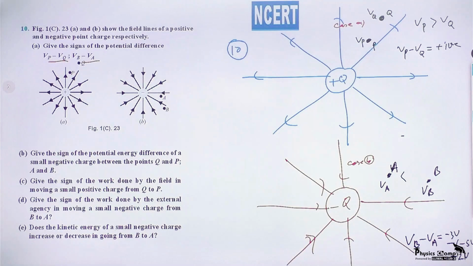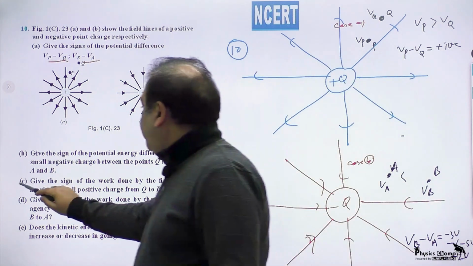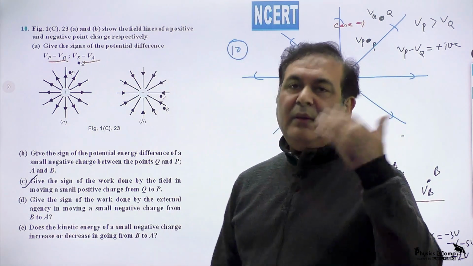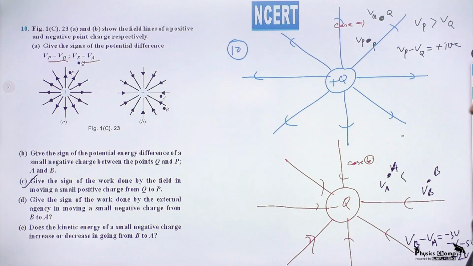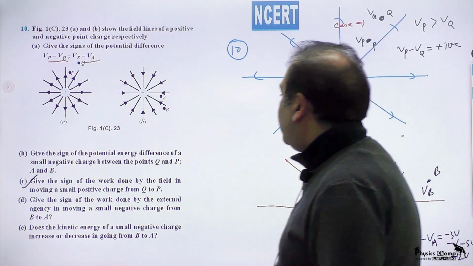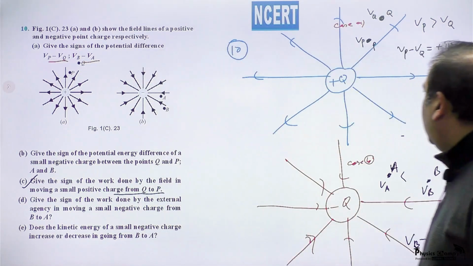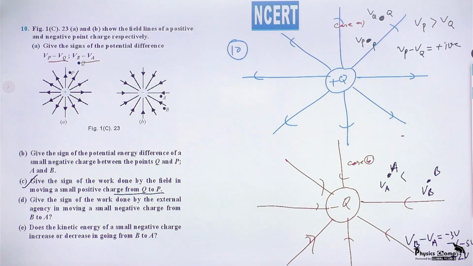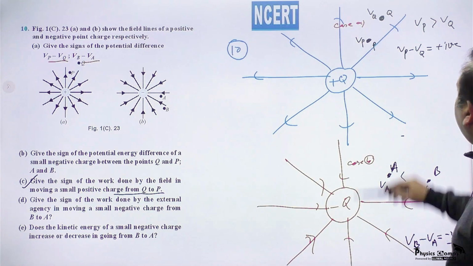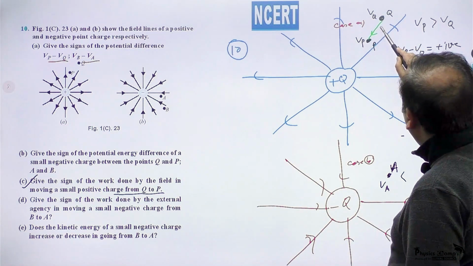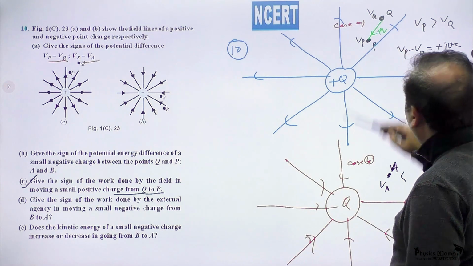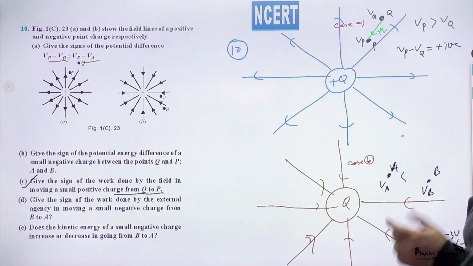Now moving further, let's look at part C of this. Part B is about electric potential energy, that we'll talk about later on. Part C, give the sign of work done by the field in moving a small positive charge from Q to P. So I am interested in moving a positive charge from Q to P. Question is, give the sign of work done.